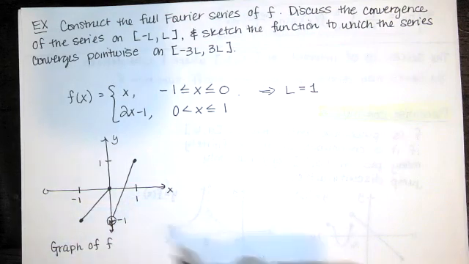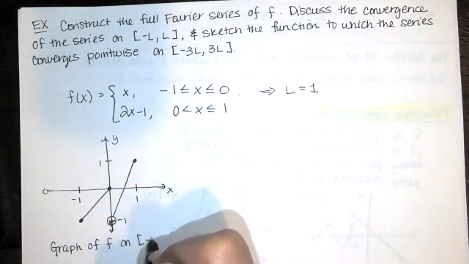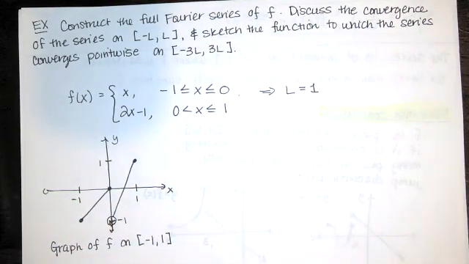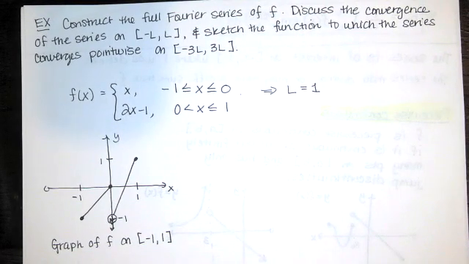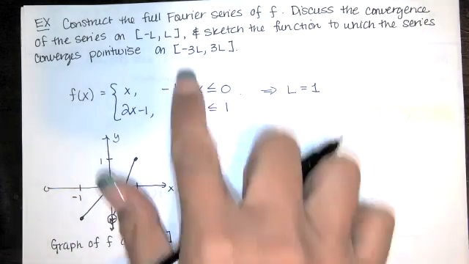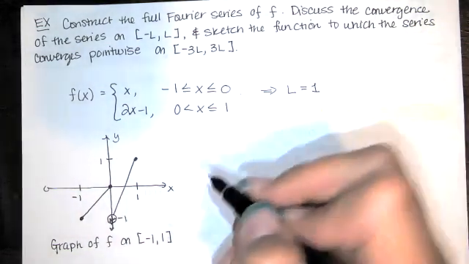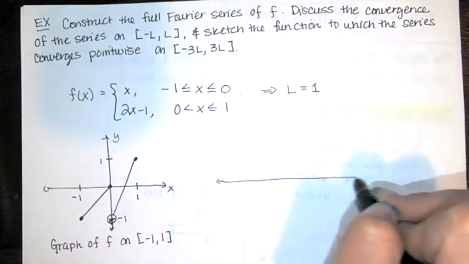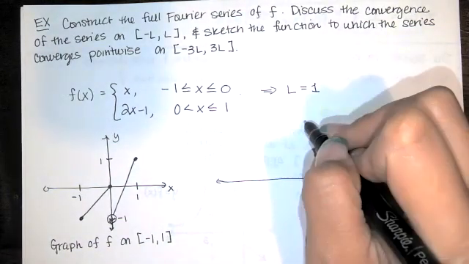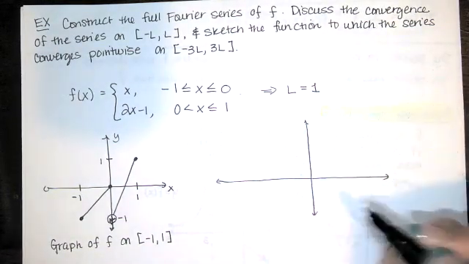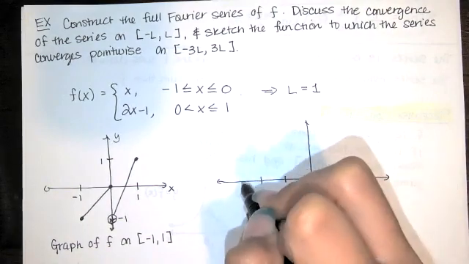Always a good idea to graph that function f on the interval from -L to L. And then let's graph the periodic extension from -3L to 3L. Since L is 1, this is going to be the periodic extension on the interval from -3 to 3.